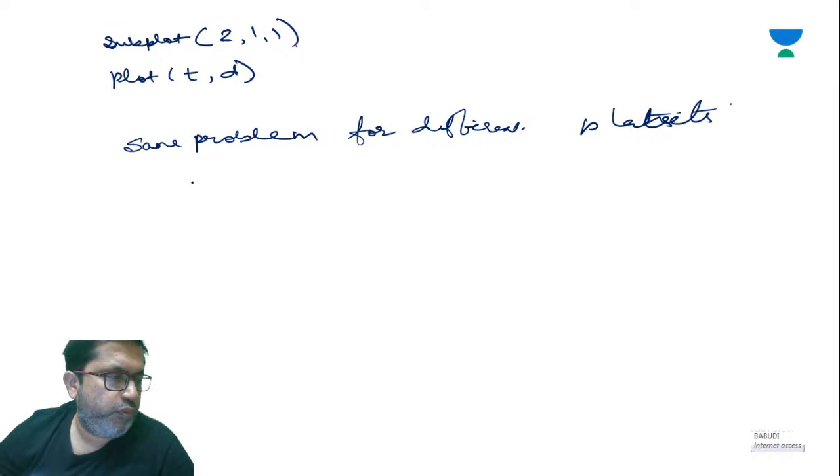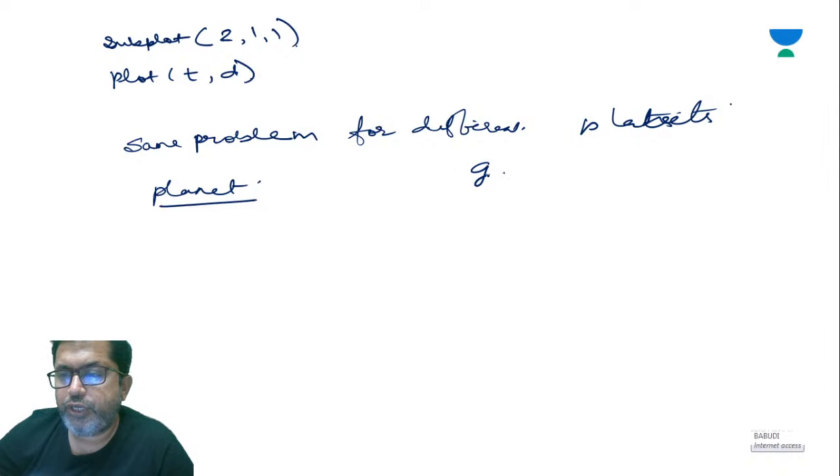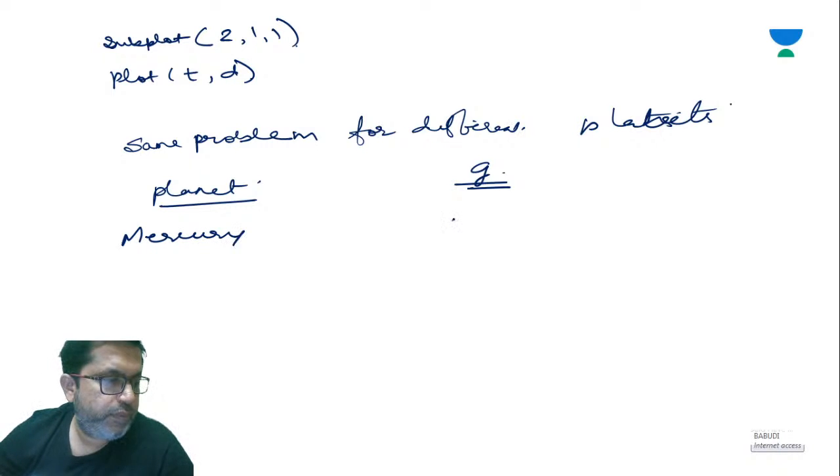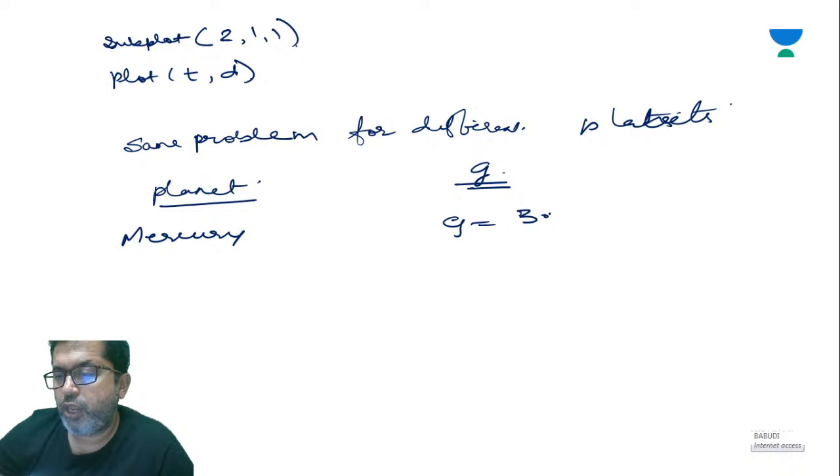Now g value, here planet and g value. Mercury, g equal to 3.7 meter per second squared.